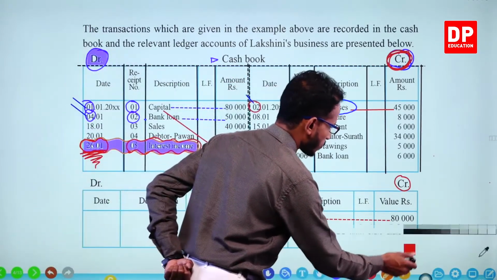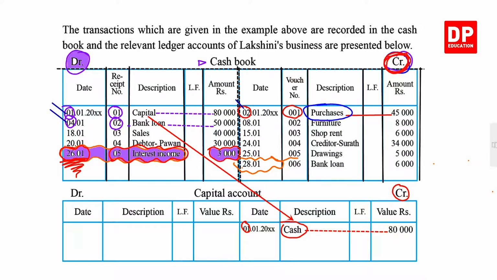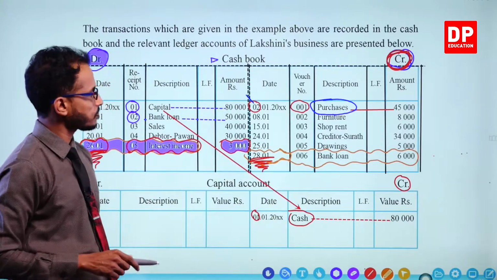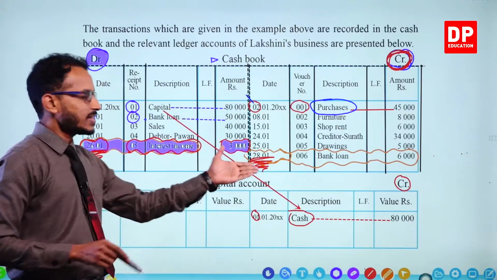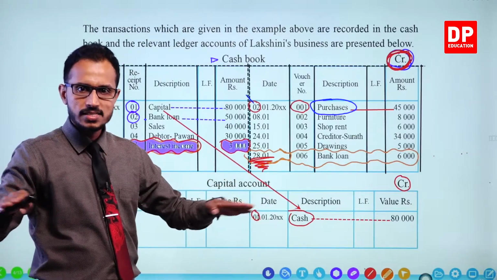The very last entry on the credit side is this one. This transaction has been done on 28th. So the month is over. January month is over.